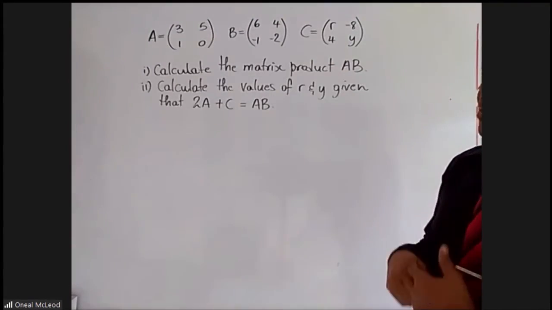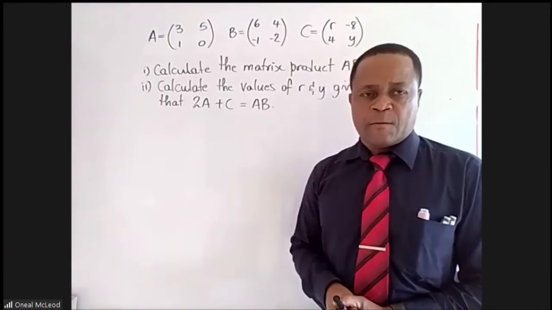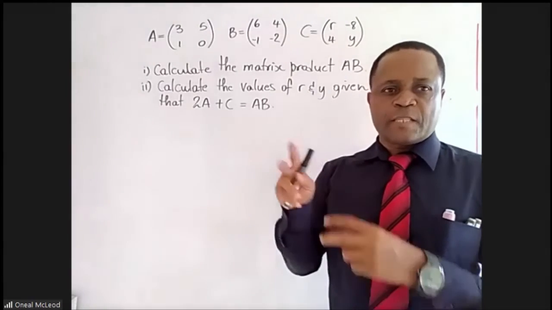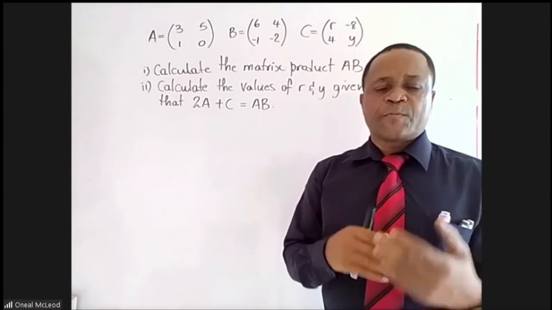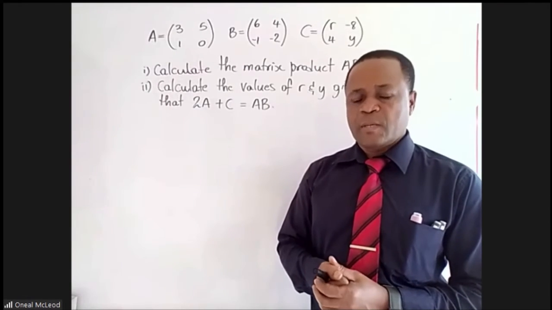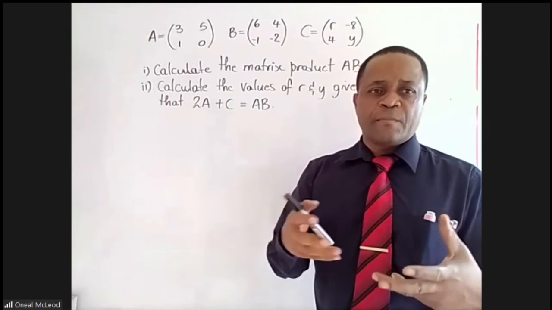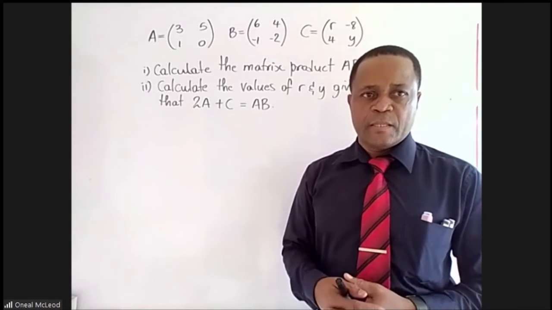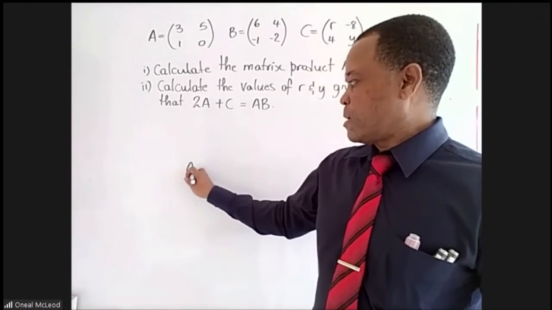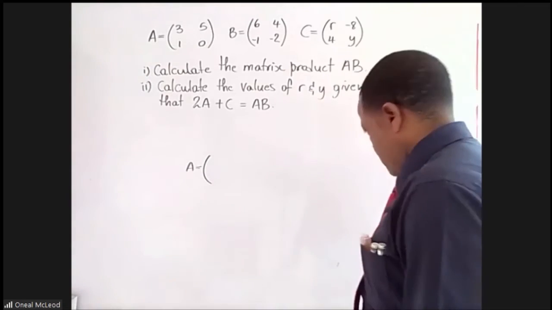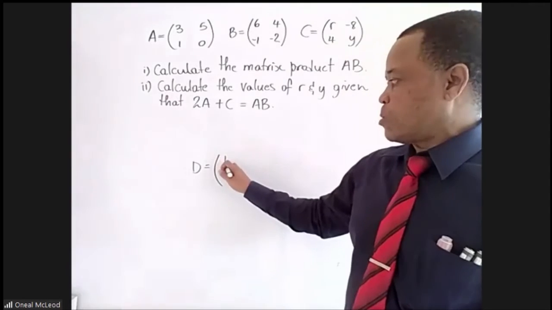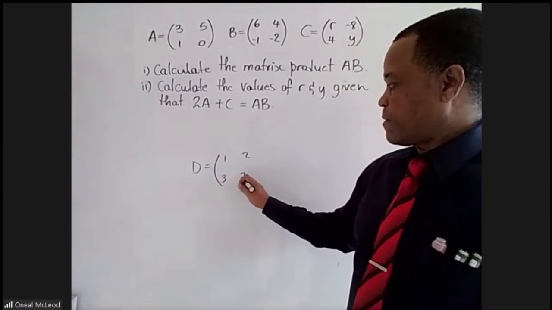Now, let me just say this to you. When it comes down to equal matrices, two matrices are said to be equal if they are of the same order and the corresponding elements are equal. Good? So if I should give you, let's not use A since we have A up there already, let's use D, and I tell you that D is 1, 2, 3, 7.